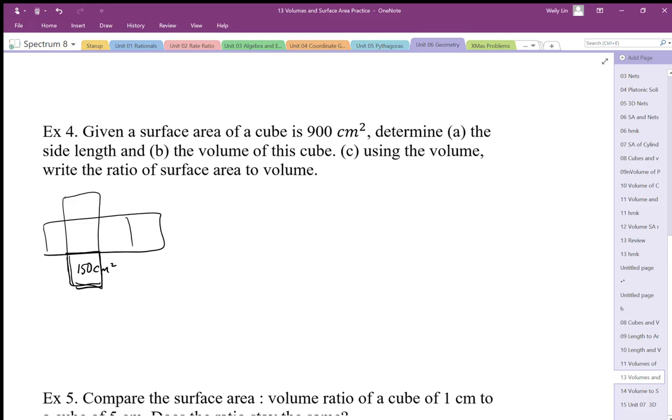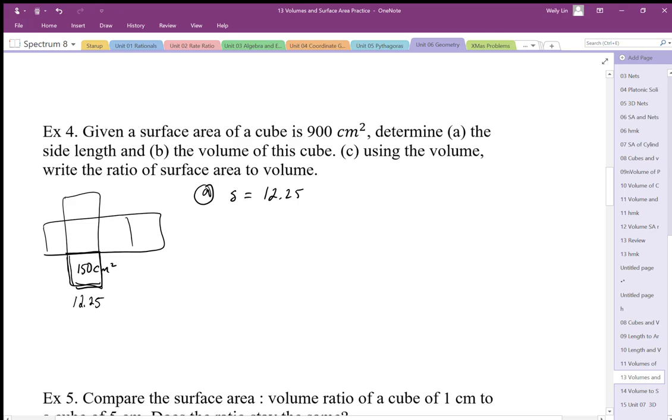So I'm getting 12.25 centimeter side length. Okay. So for part A, the side length we get by finding the area of one square and undoing it with a square root. So the side length, S, we'll say is about 12.25.